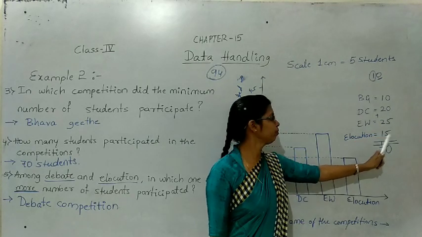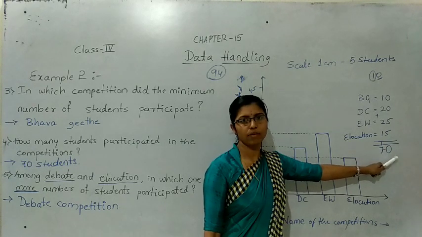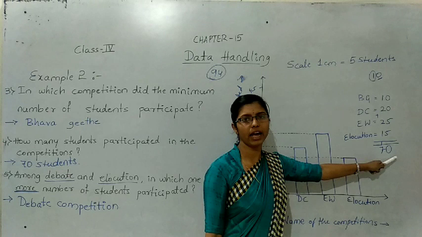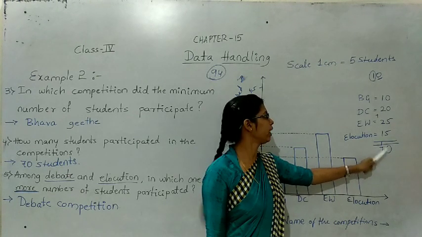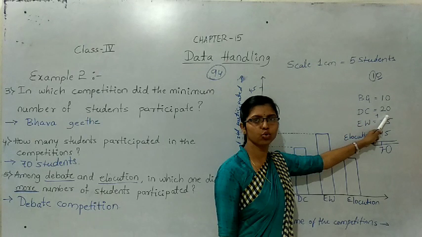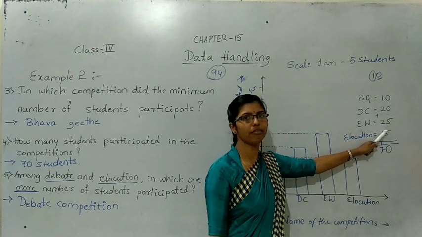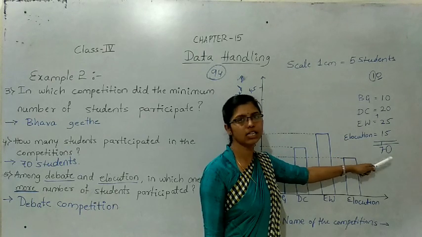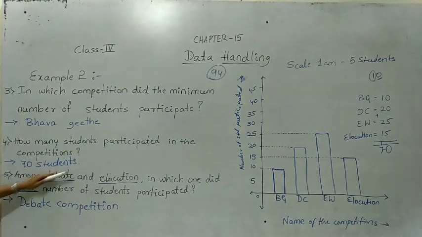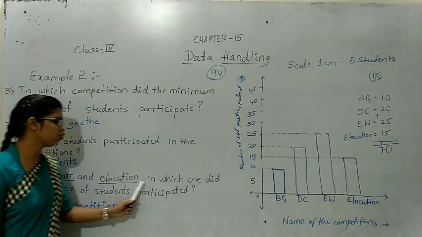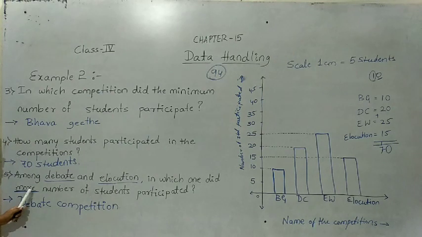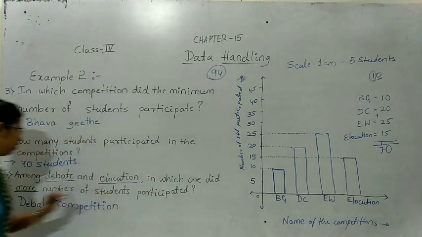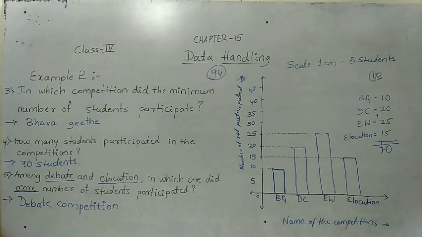You should take carry 1 and 0 downside. The ones place should be written downside, and the tens place you should take as carry. And next, 1 plus 2, 3, 3 plus 2, 5, 5 plus 1, 6, 6 plus 1 carry, that is 7. Total 70 students. Among debate and elocution, in which one did more number of students participate? In the debate competition, the number of students participating is more as compared to elocution.